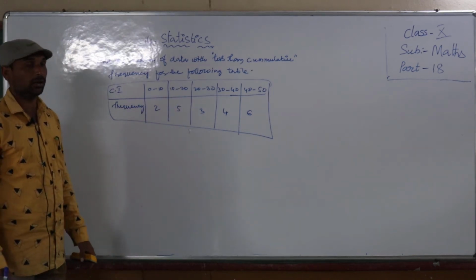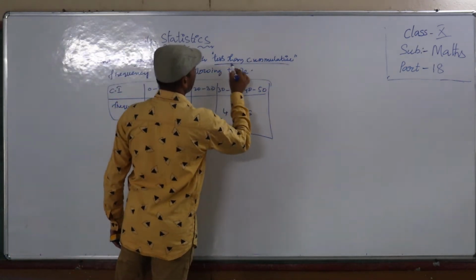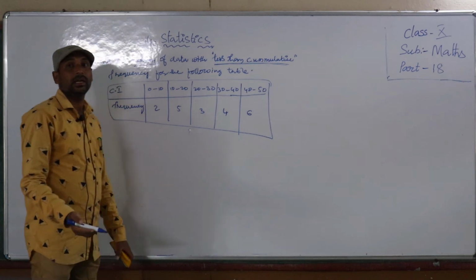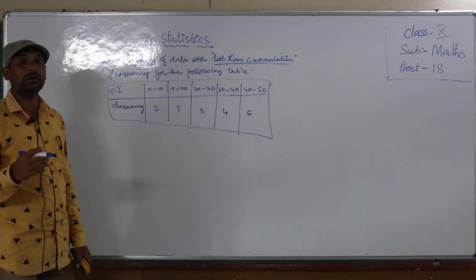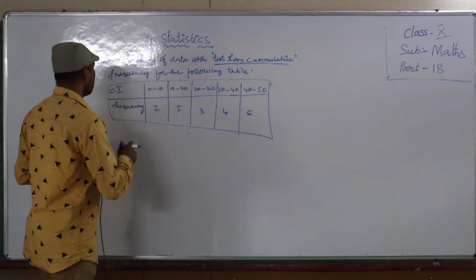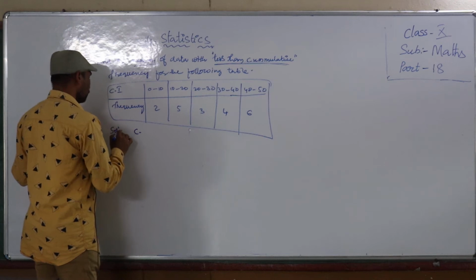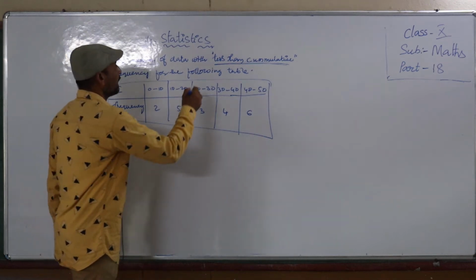Then we have to find the median by using less than cumulative frequency while representing the graph. First we find the cumulative frequency, less than cumulative.